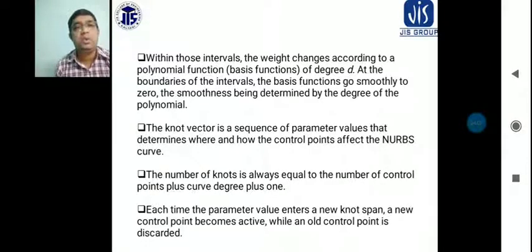Suppose you have to activate a new control point, then the old control point is always discarded. The new one is introduced, but the old one is always removed and discarded from the system.